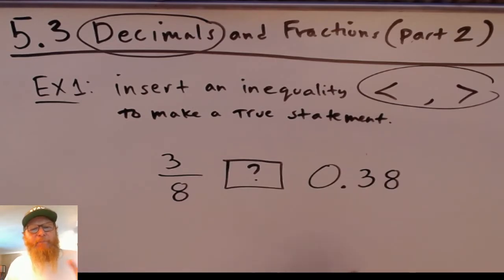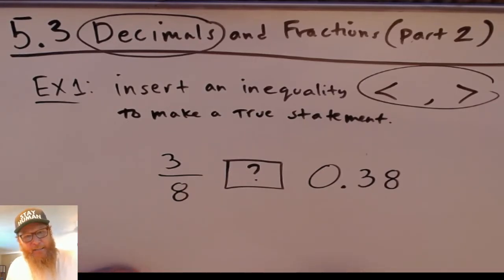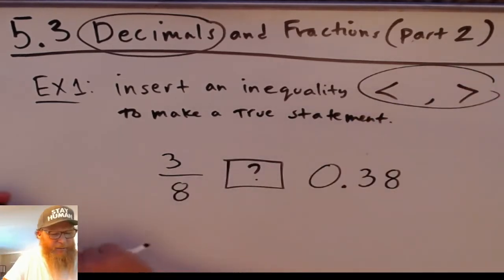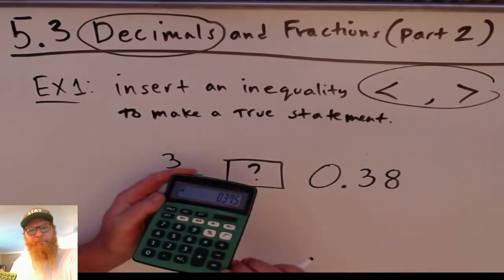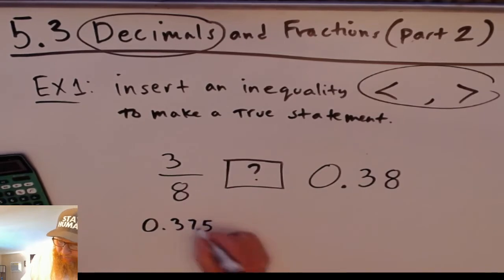I'm going to write everything in terms of decimals. So we're going to convert 3/8 into a decimal. You can do that with a calculator: 3 divided by 8, and you get 0.375.